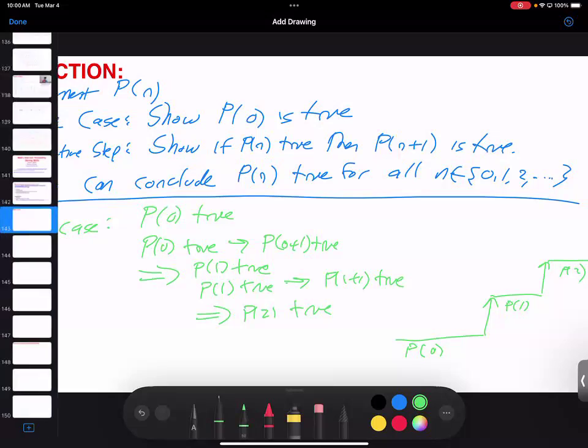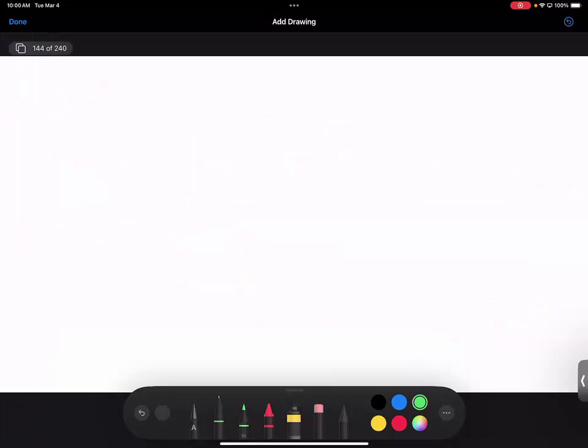There's a bunch of things you can prove by induction. Let's show 1 plus 2 plus dot dot dot plus n equals n times n plus 1 over 2. So, a proof by induction.